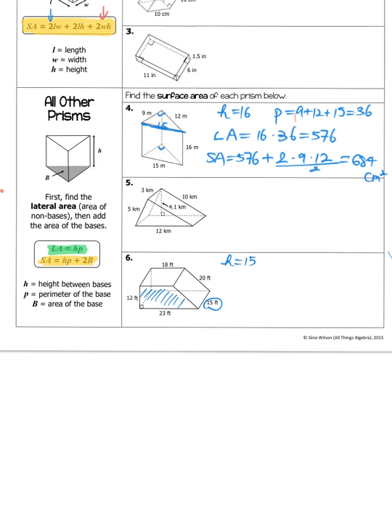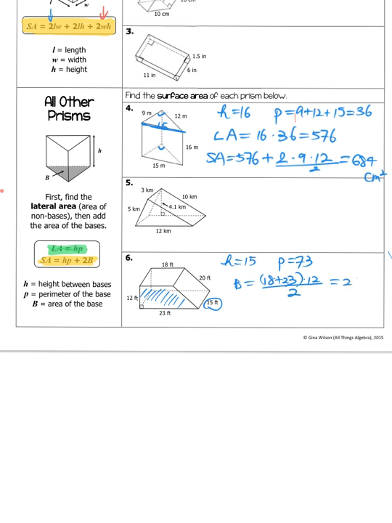And then the perimeter, if you add it up, should come out to be 73. So then to calculate the base area, it's simply 18 plus 23, top base plus bottom base, times the height of the trapezoid, divided by 2.